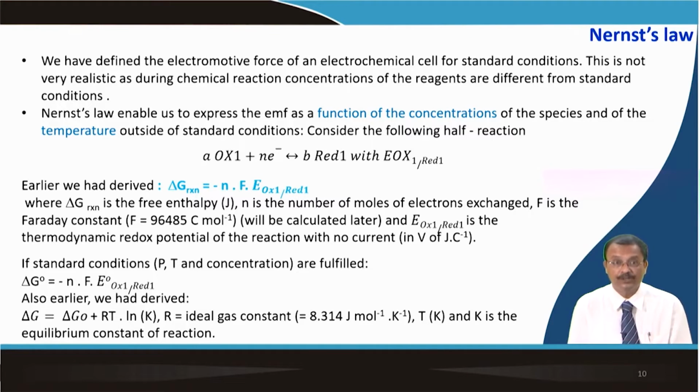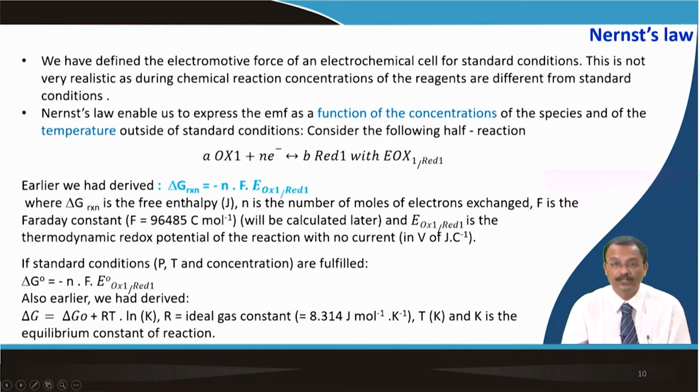So, we will introduce the Nernst law, which will enable us to express the EMF as a function of concentration of the species and, of course, temperature outside the standard condition. Again, consider this particular relation with the potential E ox by red, which will also be in the subscript.